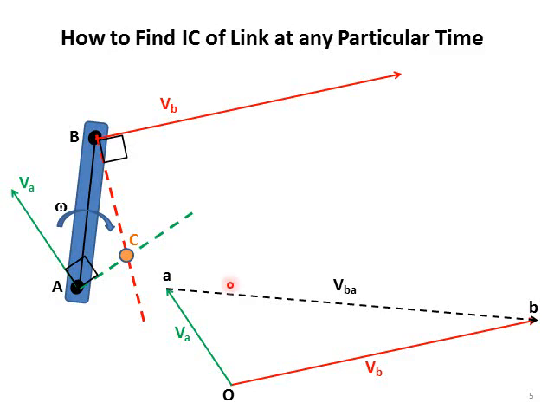So this triangle at the bottom right hand side is from the previous lecture, and this link with the velocities and this instantaneous center is from the present lecture. Now to derive the relationship between velocities, we are doing some interesting things. Let's see.